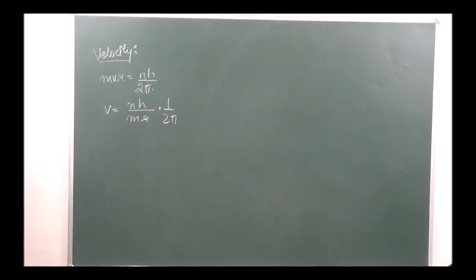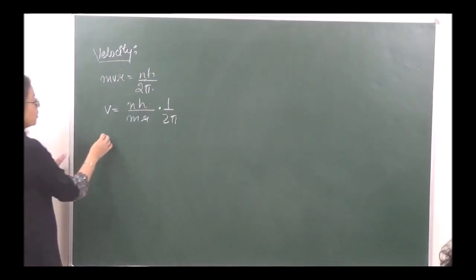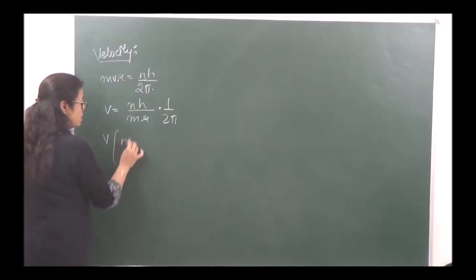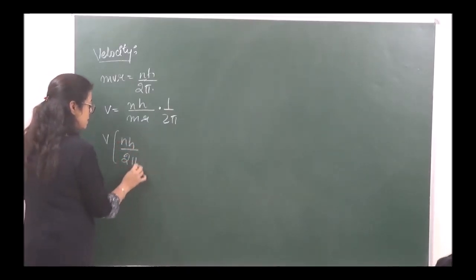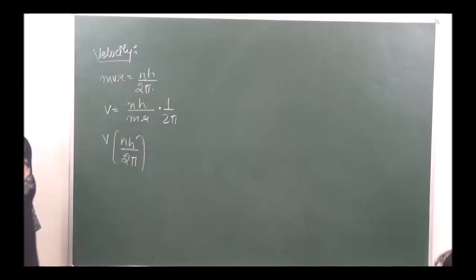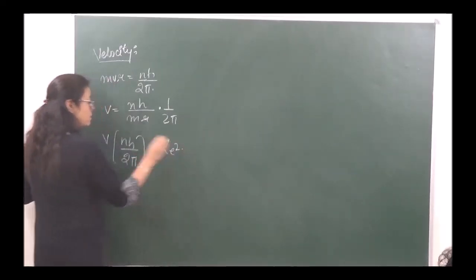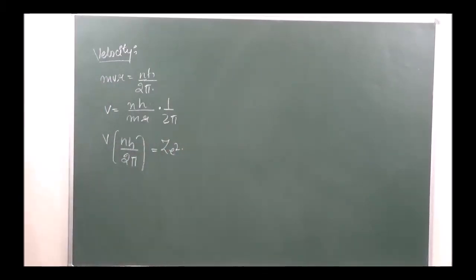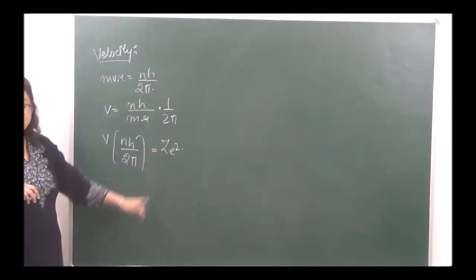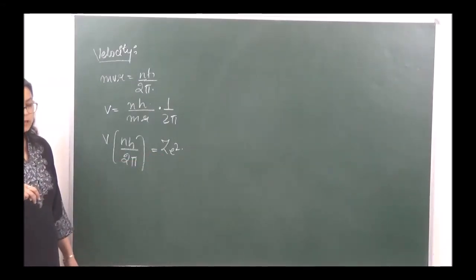Okay, so when this is calculated, we get another formula for velocity, that is velocity equal to 2 pi ze square upon nh, where Z is the atomic number and e is the charge of the electron.